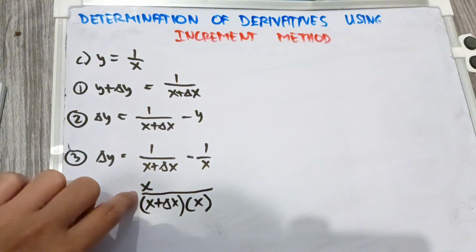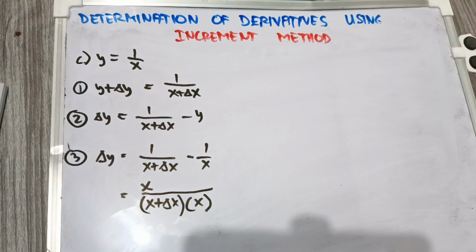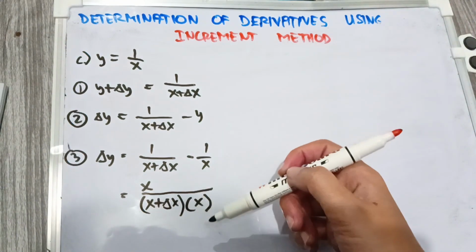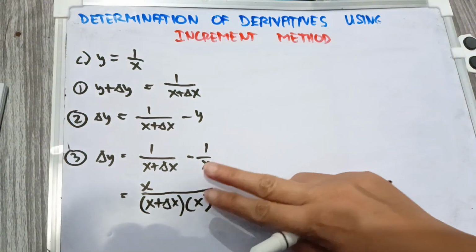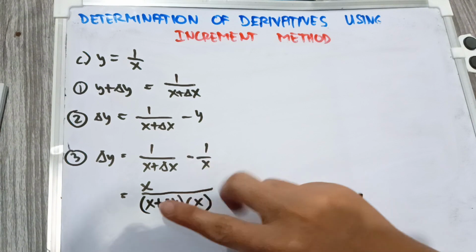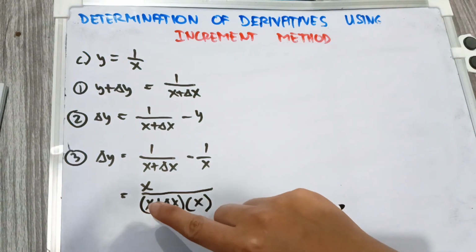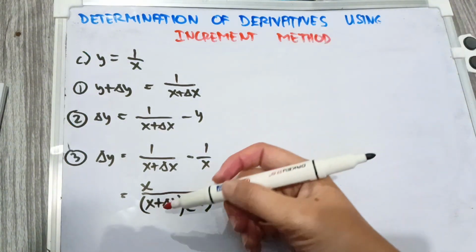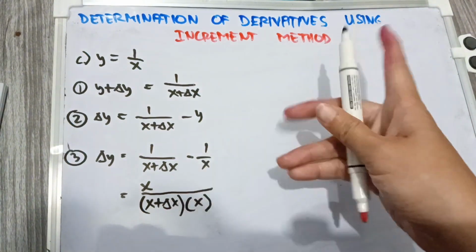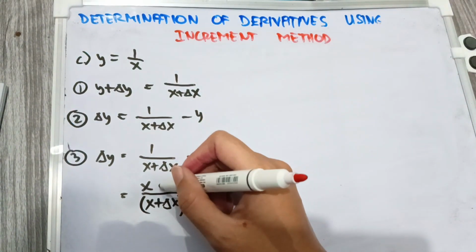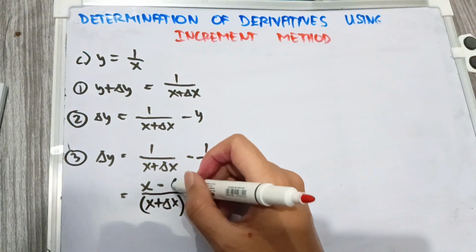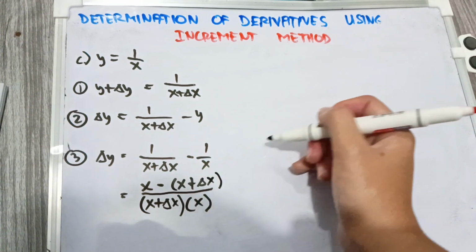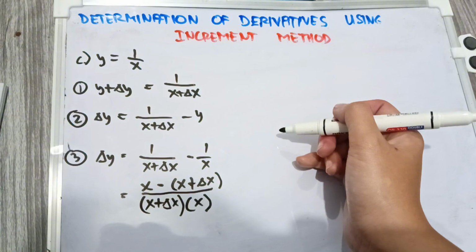That's why we get this. So same procedure, x plus delta x divided by x. So cover this, so the remaining is x plus delta x. Then let's multiply it with its numerator. That will be negative. Don't forget the parenthesis, x plus delta x. Okay, did you get it?